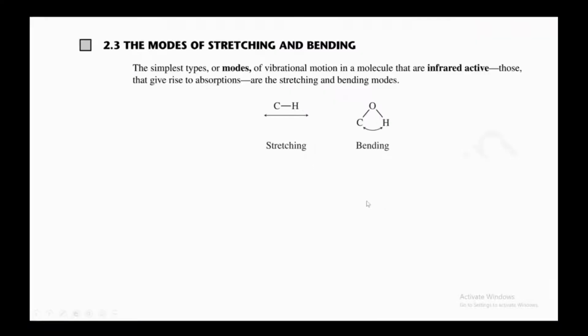By the way, I'm following the notes from the Pavia Introduction to Spectroscopy book, and we were discussing modes of stretching and bending. From the internet I showed you that there are 6 modes of vibration, and I also showed you how to calculate the modes of vibration by using the 3n-5 formula.